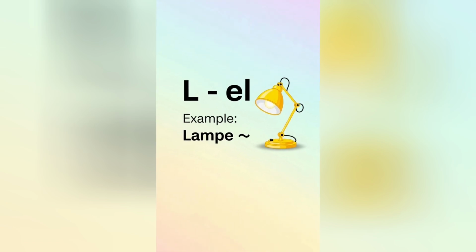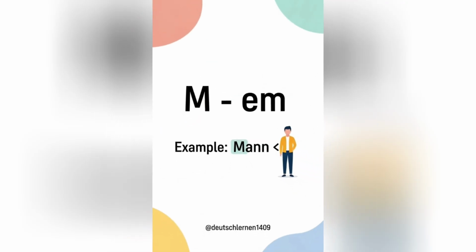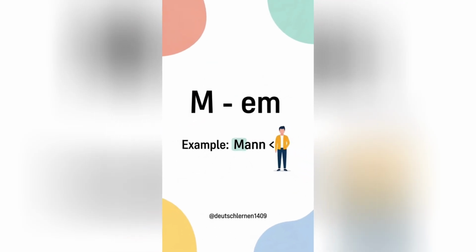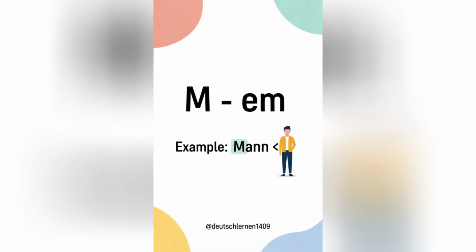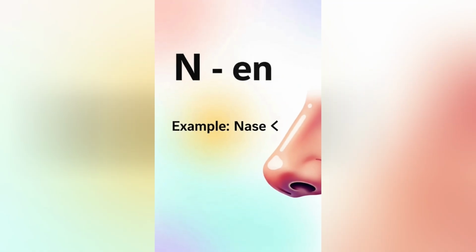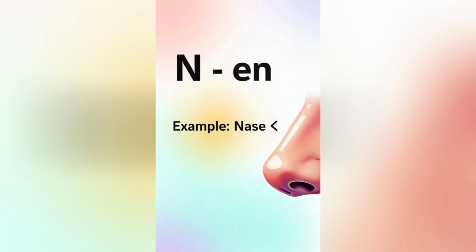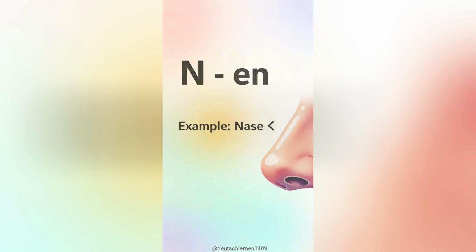L is pronounced as L. In German, M is pronounced as M. For example, Mann, that means man. M is pronounced as M. The letter N is pronounced as N. For example, Nase, that means nose. So, N is pronounced as N.